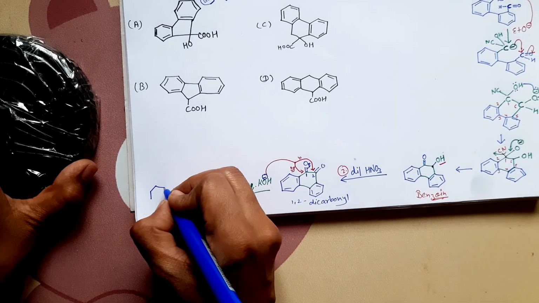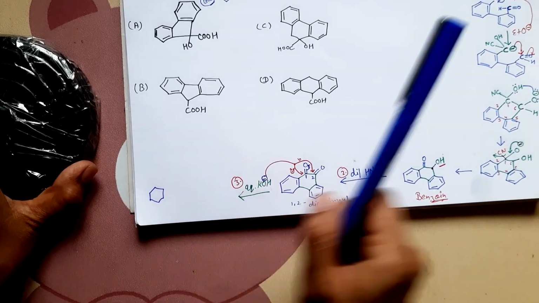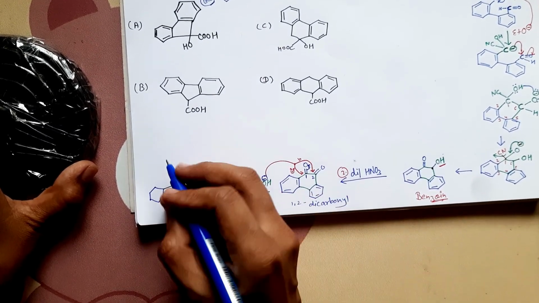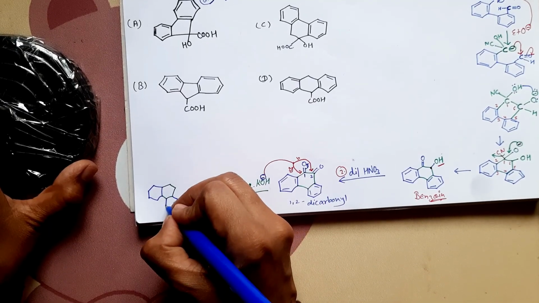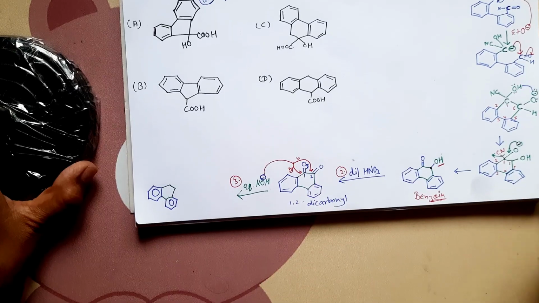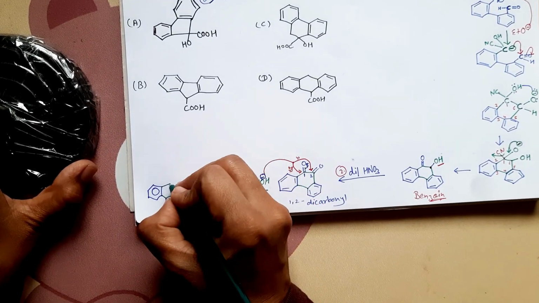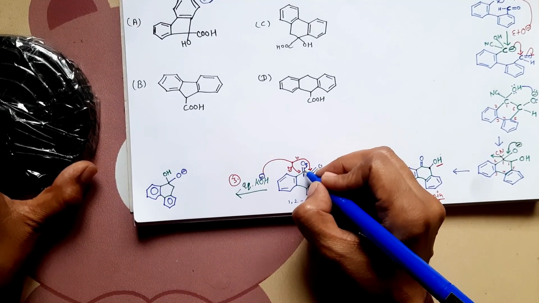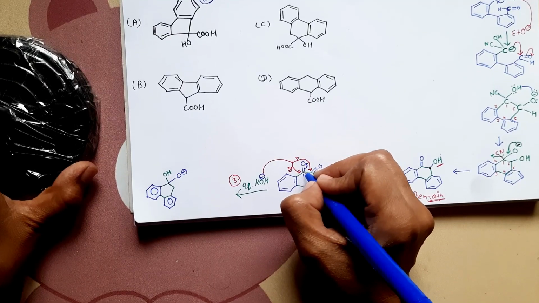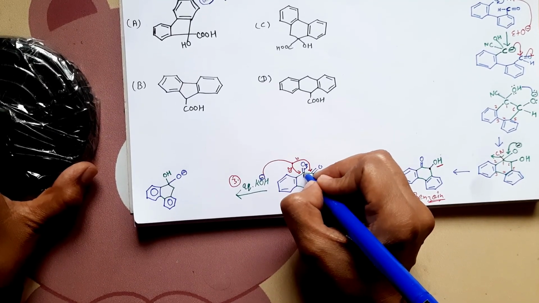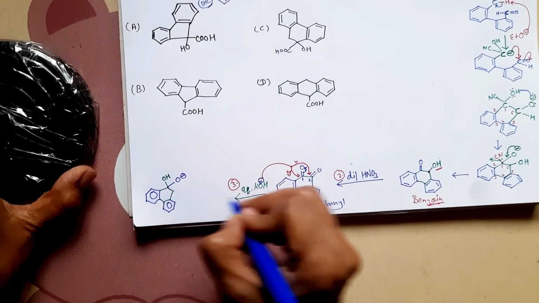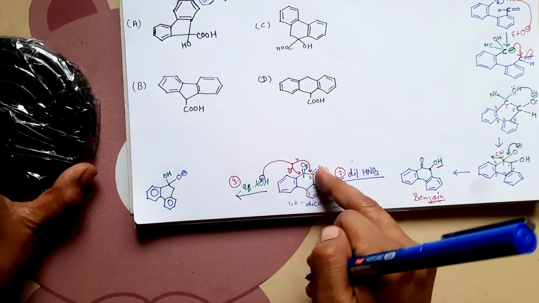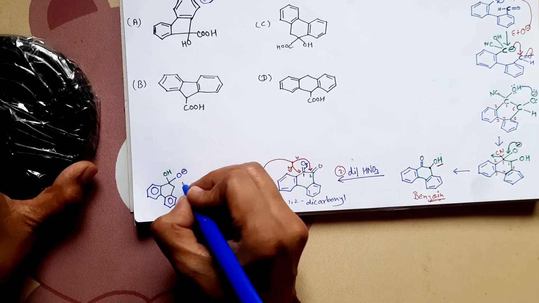So here all rings remain the same. On C1 carbon, one hydroxyl group attaches, and this is our O negative. The C2 carbonyl group stays the same.